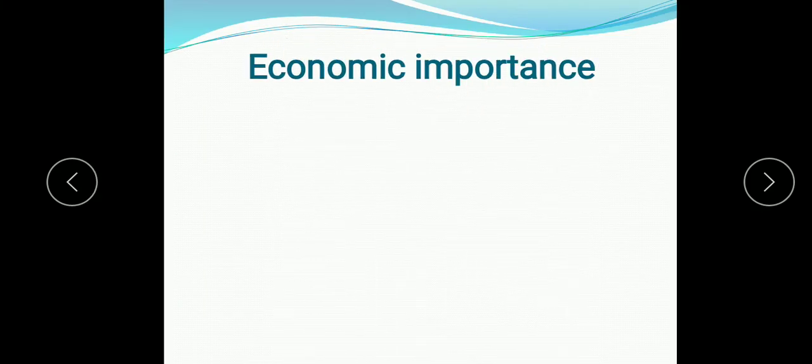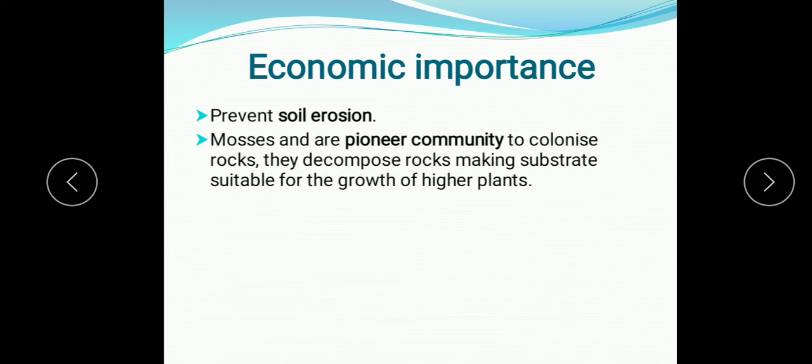Now economic importance. As I said, these mosses, which are examples of bryophytes, form a dense protective covering on the soil. In this manner they prevent soil erosion. Mosses, along with lichen, as you studied lichen also, are a pioneer community.